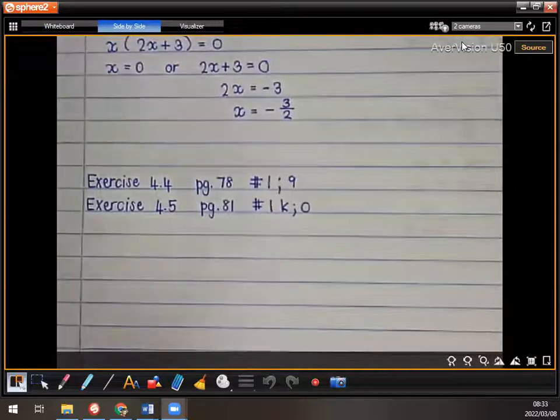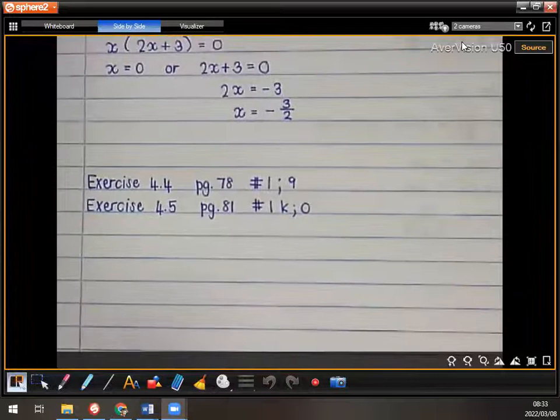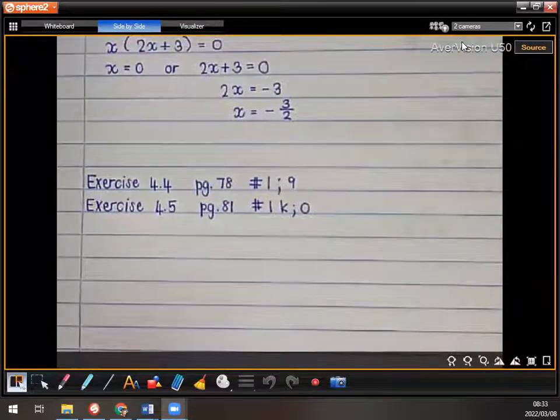Okay, I can actually put exercise 4.4 on the board because it's all together. That's questions from number 1 at least. Copy that down quickly, then I'll put it up.